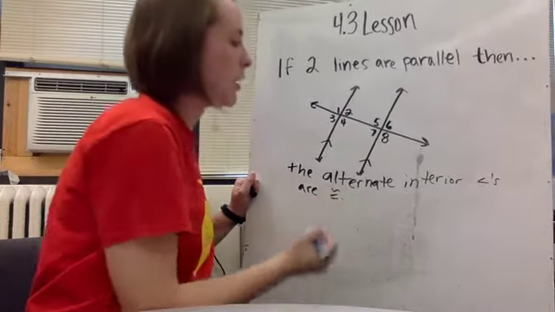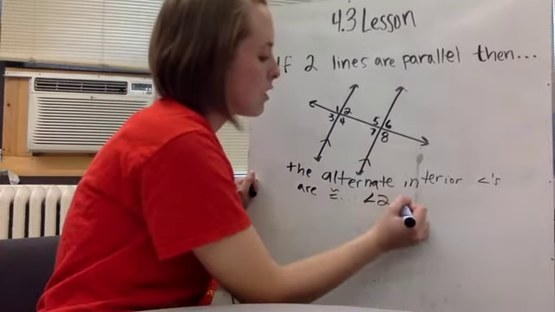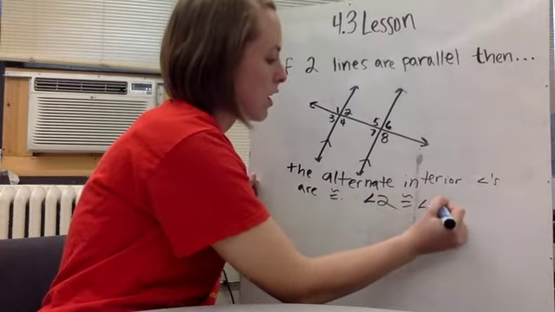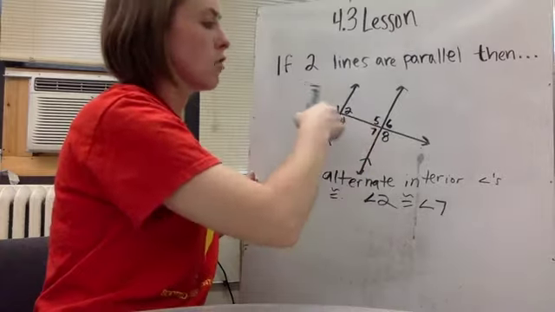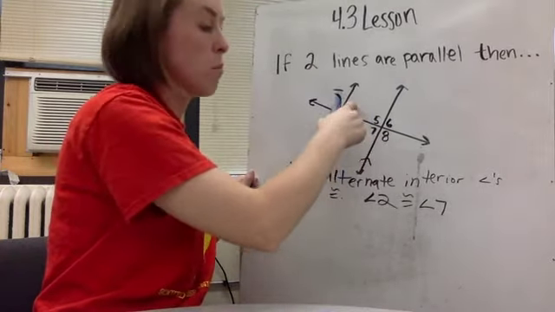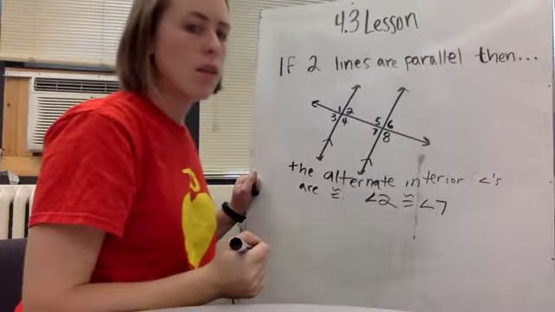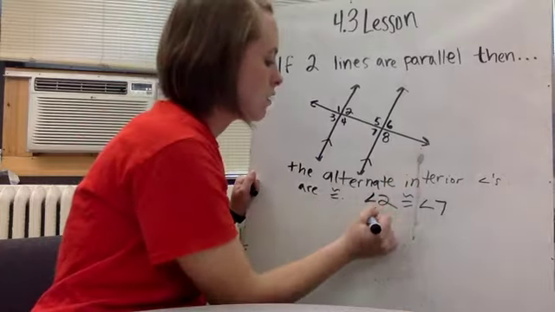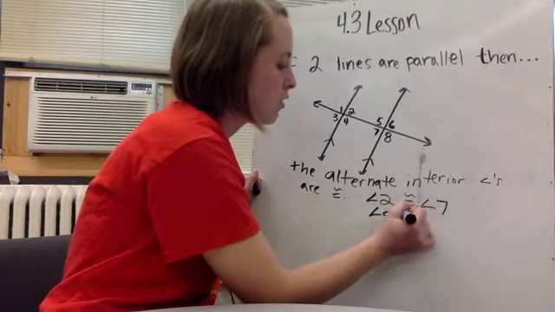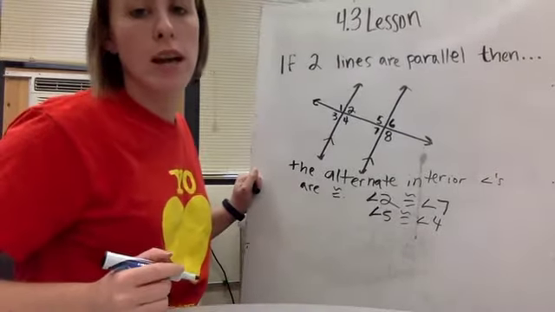So looking at my picture, the alternate interior angles would be angle 2 is congruent to angle 7. Here's the transversal line. They're on alternate sides of the transversal line, one's above, one's below, but they're in between the two parallel lines. And there's another pair. Angle 5 is going to be congruent to angle 4. These are the alternate interior angles.